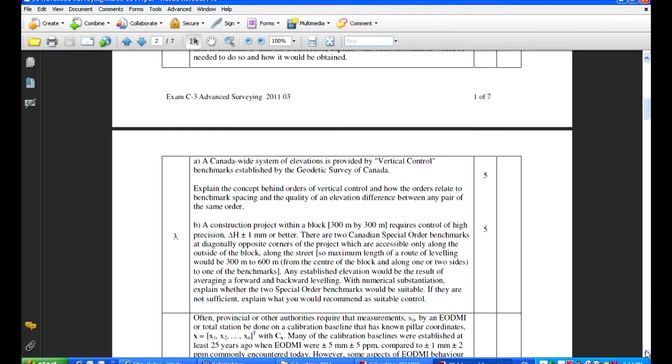The positions are densified with the next order down, where the next order is forced to fit the higher order, more dense but less accuracy to them. And then again, that second level controls the third level, and the third level controls the fourth level. So usually in a municipal setting, there might be 3 or 4 levels of control down to the benchmarks that you would actually use on a construction site, which leads us, to some extent, into the B part of the question.